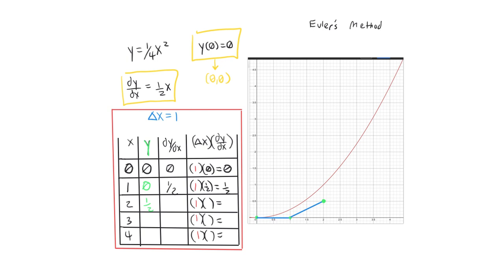All right, so dy over dx, that's going to be 1/2 x again. So 1/2 of 2 is 1. So we're going to put a 1 there, and it's going to be 1 times 1, which is just 1. So that means we have a slope of 1 emanating out of this point, across that step size of 1.